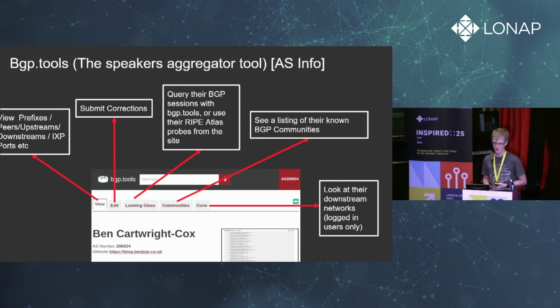Finally, you can see a whole bunch of their known BGP communities, which saves you from trying to Google it from various dubious sources. I try really hard to keep those up to date, and it also lets you observe what communities have actually been seen and what communities are actually being used. And finally, if you're logged in, there's a whole bunch of AS-Cone analysis utilities, which may or may not be useful to you.